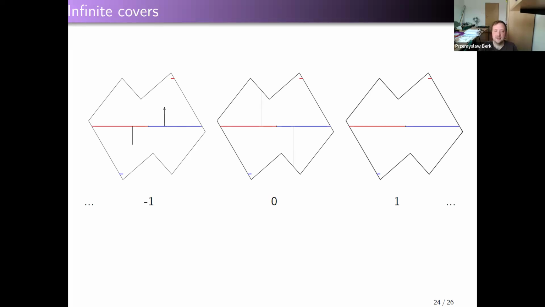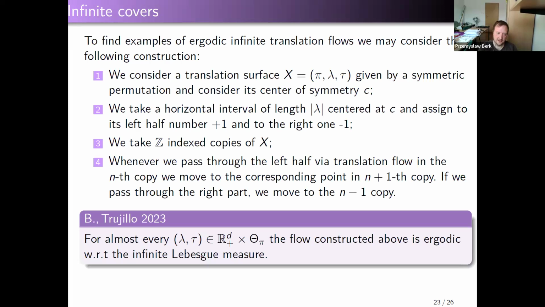No, but no. This is one of my latest results with Frank Trujillo. We proved that for almost every set of parameters of the initial translation surface, the flow constructed in such a way is actually ergodic with respect to the infinite Lebesgue measure.